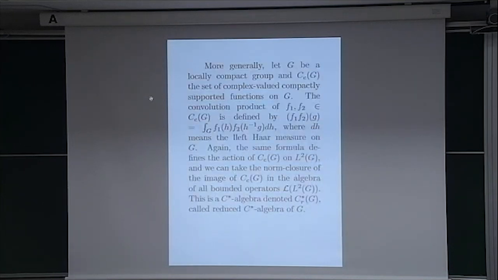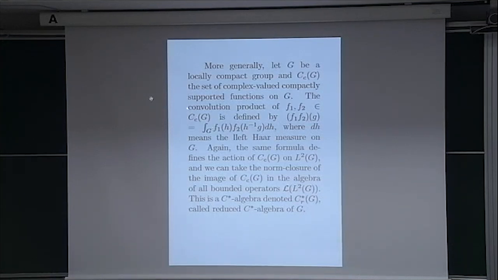Okay, let's do a more general thing, and let's do the same for locally compact groups. So we don't need actually finite linear combinations. We need functions which will act like convolutions.